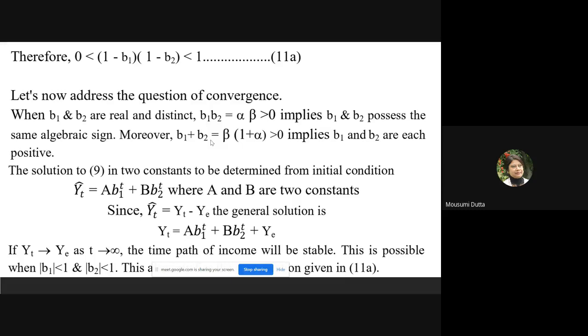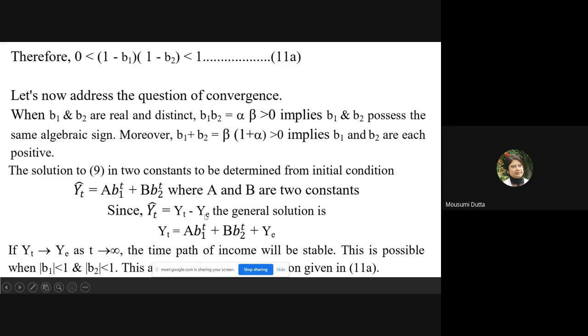Here, instead of considering yt is equal to a b1 to the power t plus b b2 to the power t, we consider the deviation, that is yt minus ye, that is equal to a b1 to the power t plus b b2 to the power t, where b1 and b2 are two characteristic roots of the second order difference equation in yt.